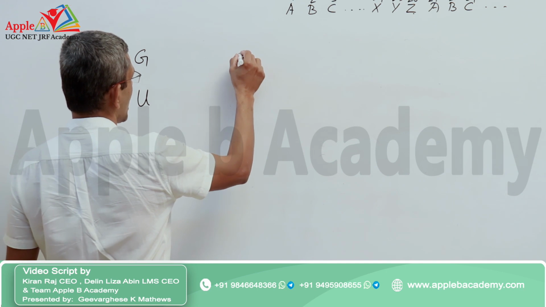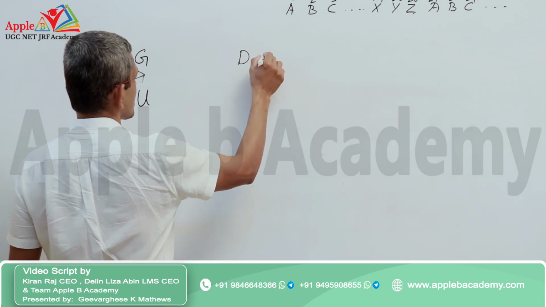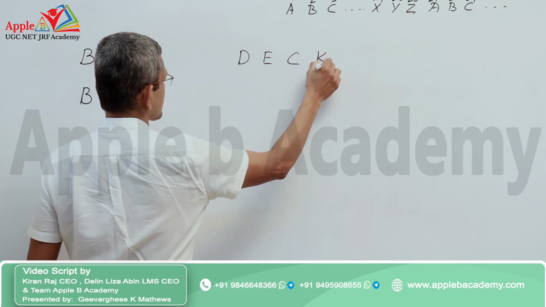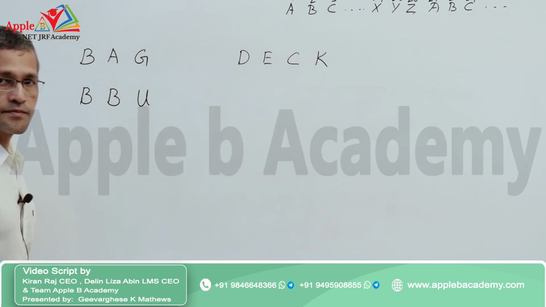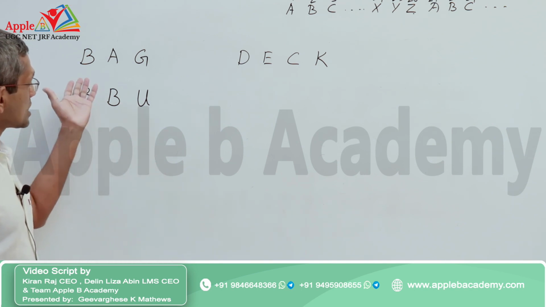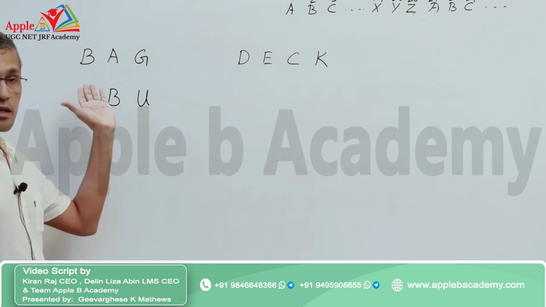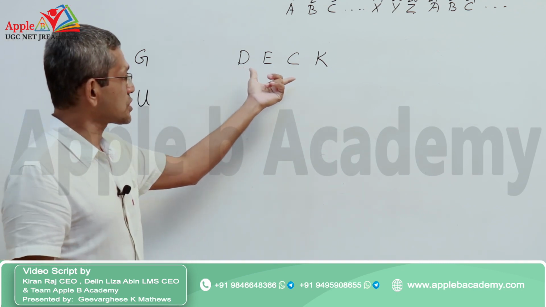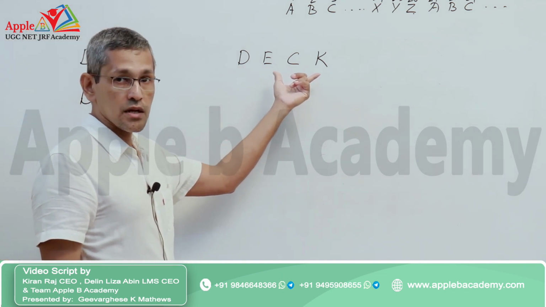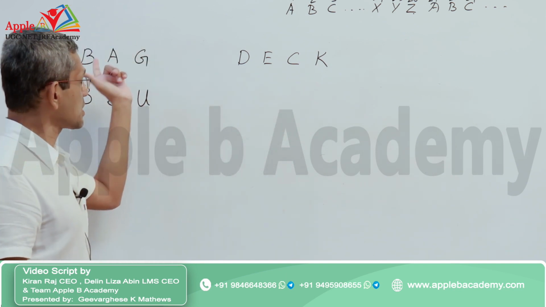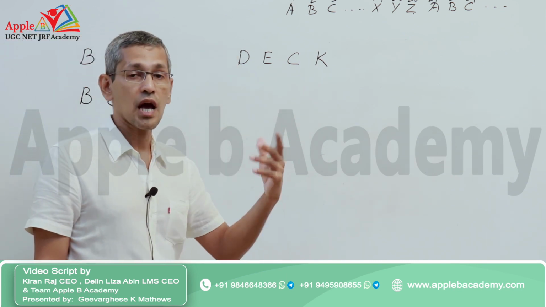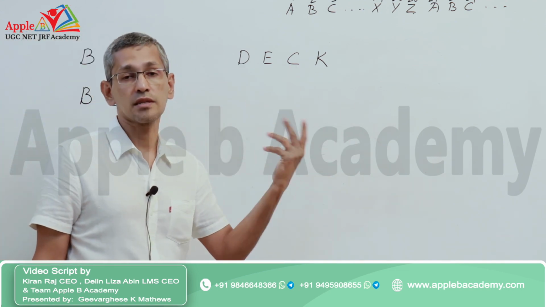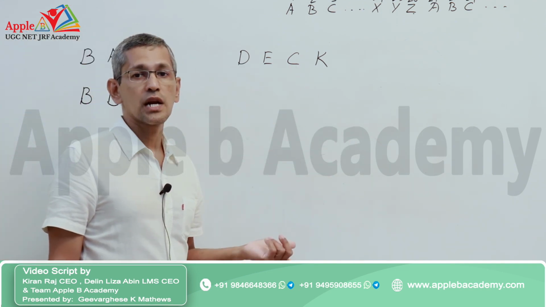Then how about the word deck? It is not necessary that the given word, bag, and the word you are supposed to code, deck, both have 3 letters. One word may have 3 letters, the other 4 or 5 letters, doesn't matter. That's another peculiarity of the NET exam.